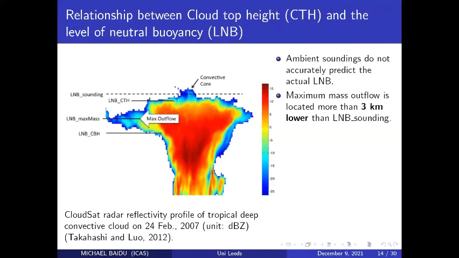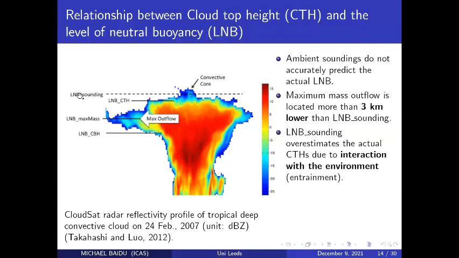Okay, and the level of neutral buoyancy that is calculated from sounding, when you plot a tephigram, the parcel ascent is based on an adiabatic ascent of the parcel. When we say adiabatic, it means that the parcel is rising without interacting with its environment. And so if a parcel was to rise adiabatically, it was supposed to reach this level.